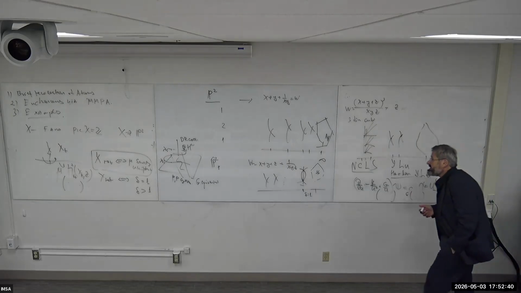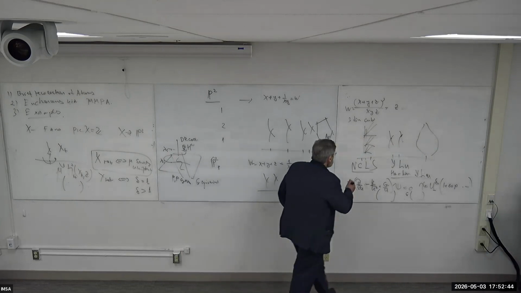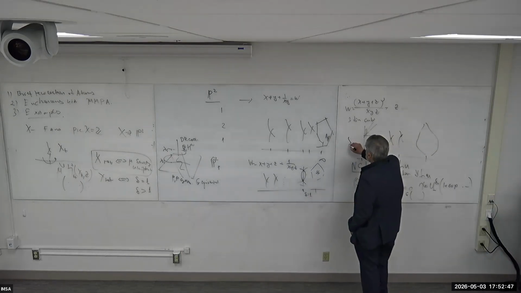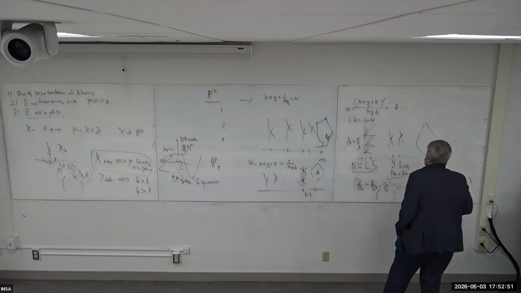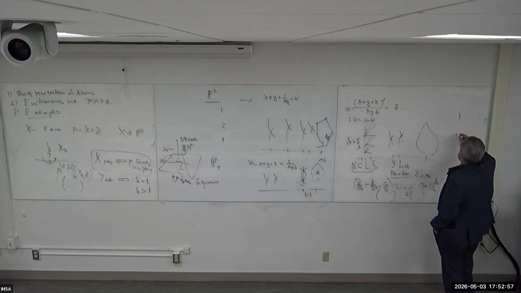In the case of the three-dimensional cubic, delta is actually equal to 5/3 if you just compute. And then, as I said, this is the Serre functor acting on this piece of the splitting.